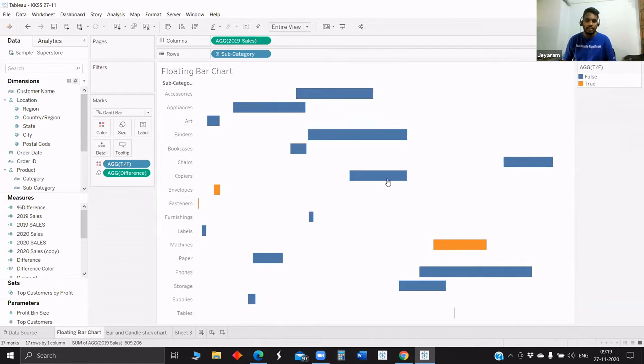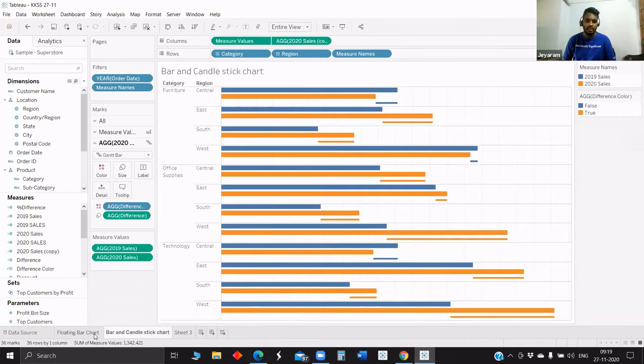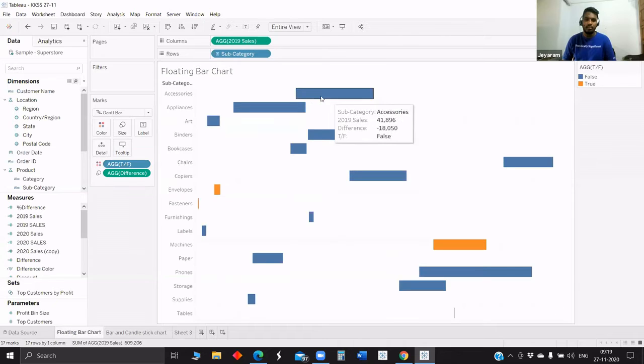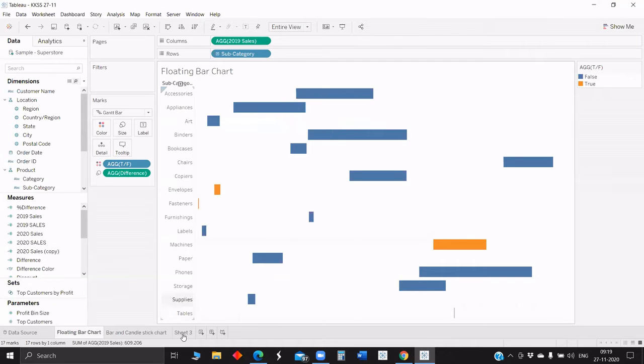Unlike separate bars showing the difference, we have it all in a single go: 2019 sales on the left, 2020 on the right, and the difference is the year-over-year growth. That's a different visualization. Okay, great. Go ahead, Jairam.